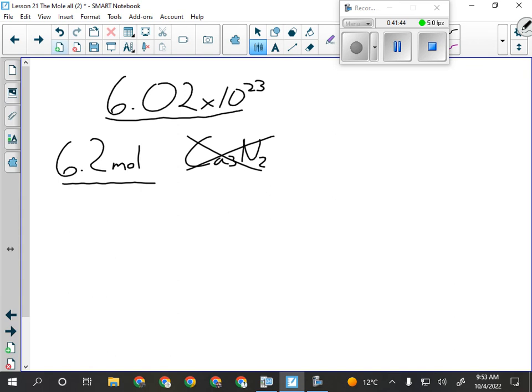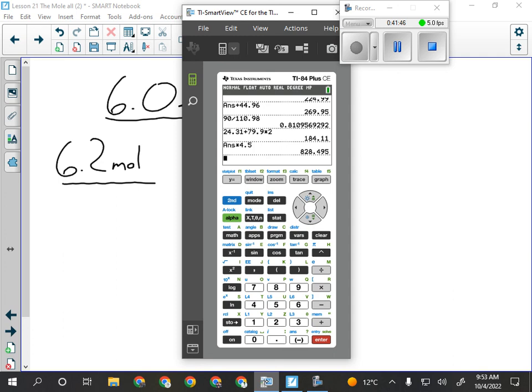So, in my calculator, what this looks like is this. I take the 6.2 moles, the number of moles, n, and I multiply by Avogadro's number, which has to be enclosed in brackets on your calculator. Otherwise your calculator will try to do order of operations and it'll mess up.